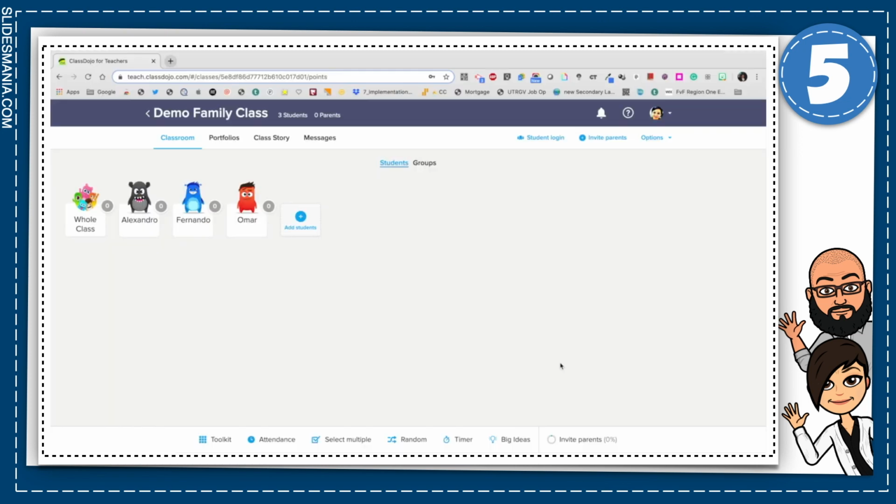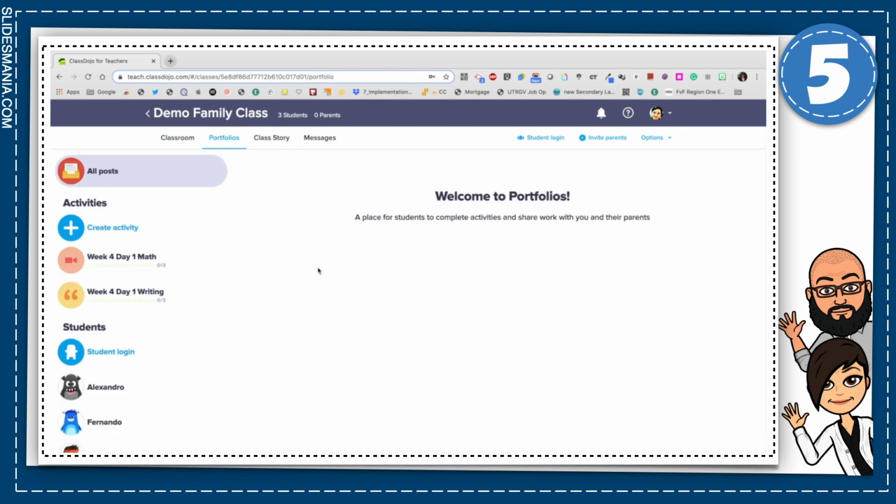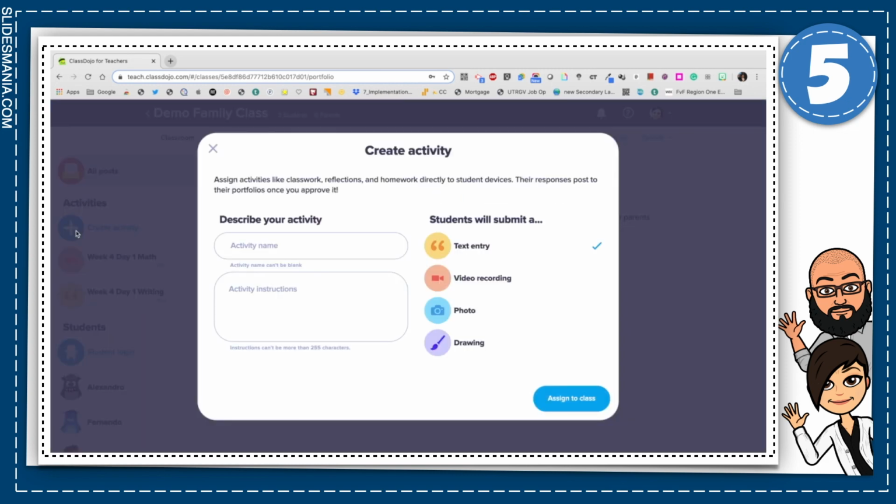I have my students and parents in my class. I'm going to assign activities to my students. I'm going to click on the portfolio section right here, and it'll take me to this page. This is where I'm gonna be able to assign activities to my kids. In order for me to do that, I have to click on the plus, and it'll take me to this section right here.